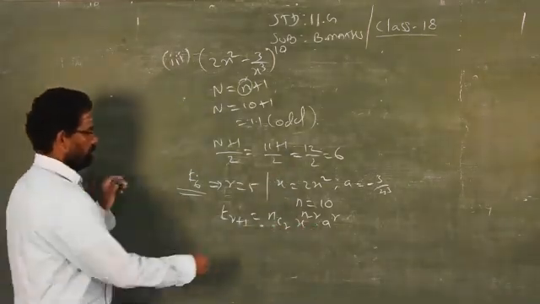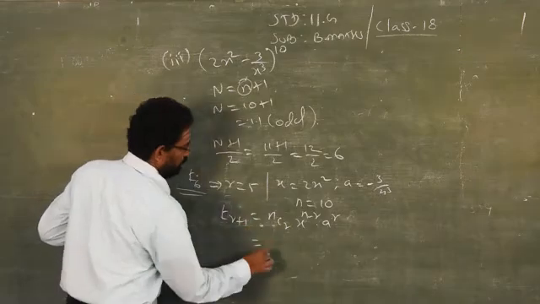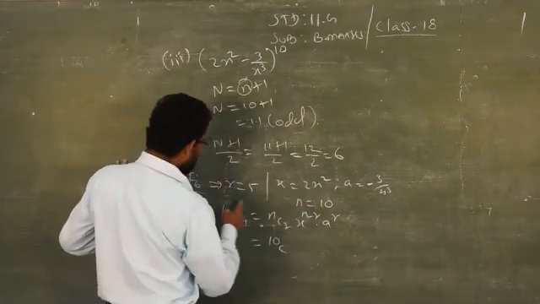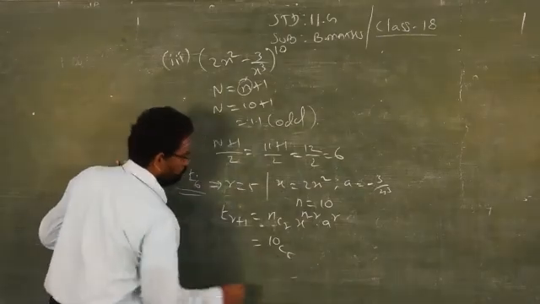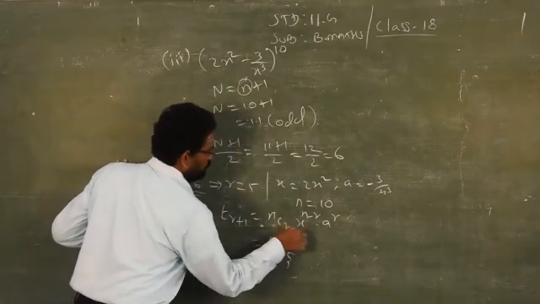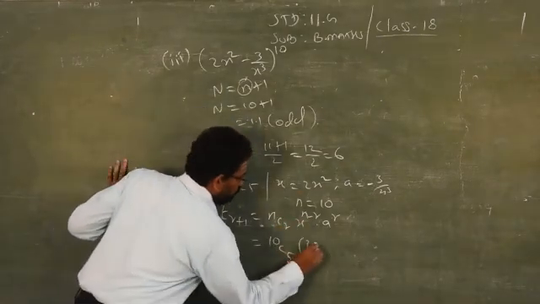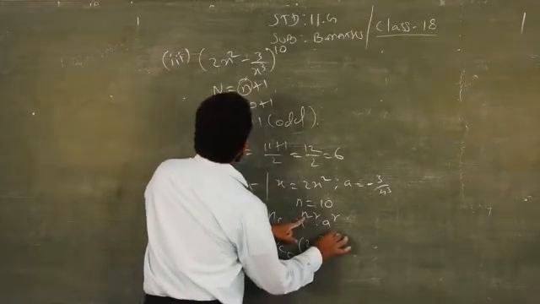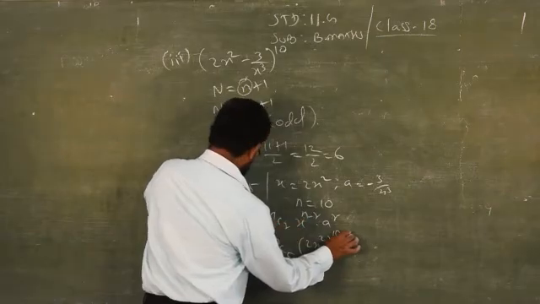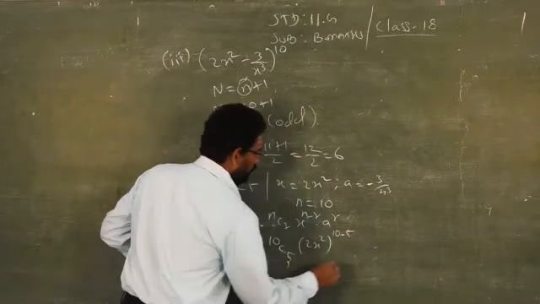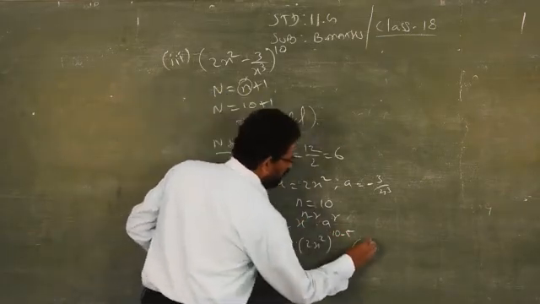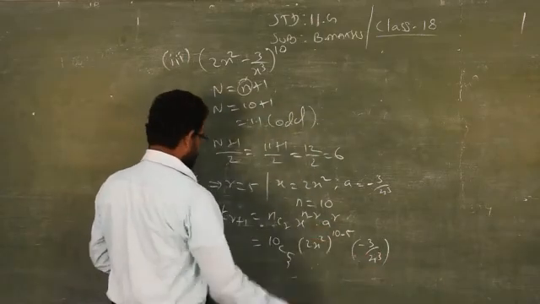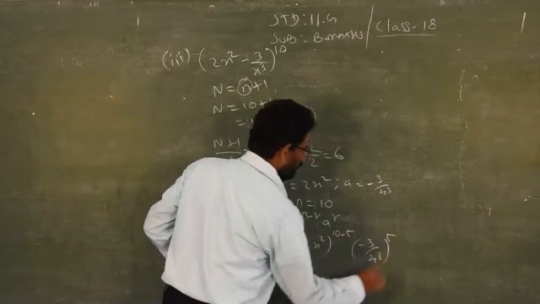You will get the answer. What is your n? 10, combination, r is replaced by 5. Then what is your x? x is replaced by 2x square, n minus r, that is n is 10, r is 5. What is your a? Minus 3 by x power 3, power r is 5.